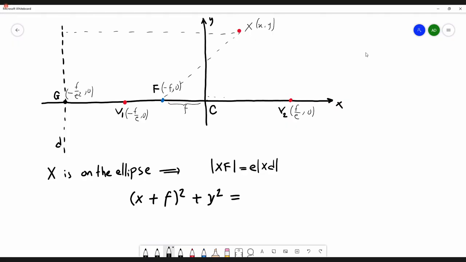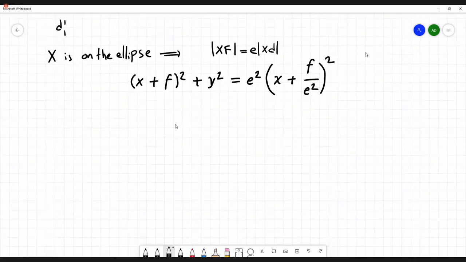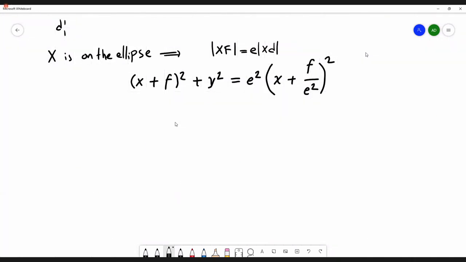Now, this has to be equal to e squared times XG squared. But XG, the distance from the point X to G, is x plus f over e squared, squared once more. So, the coordinates of any point on the ellipse must satisfy this relation. Conversely, if the coordinates of some point satisfy the last equation we have written, then it is certainly a point on the ellipse. So, this will lead us to the equation of the ellipse.